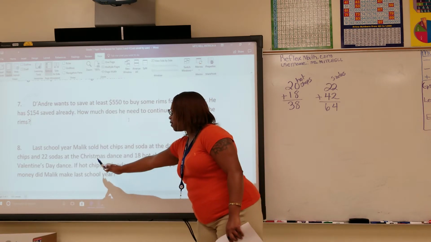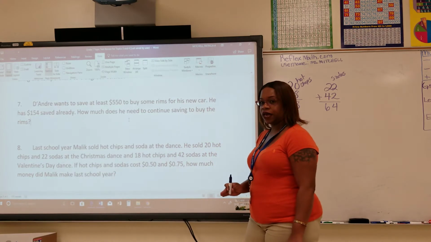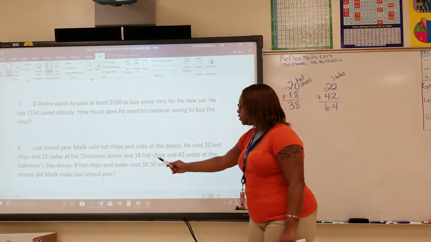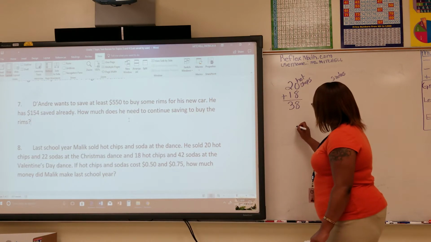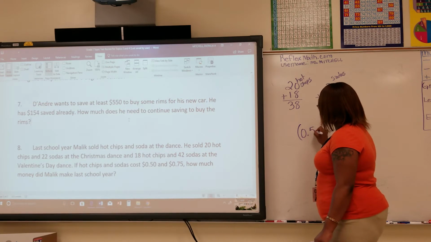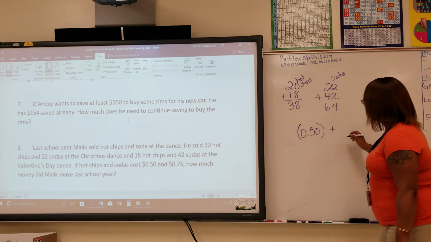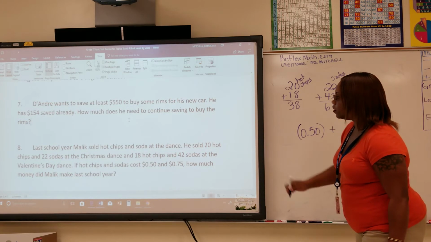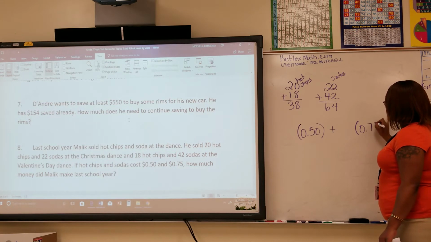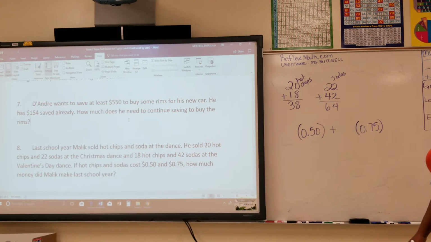You see this? They have it in order. Hot chips and sodas. Okay? So leave it in that amount. Do not switch those around. All right? So hot chips were 50 cents. And then they said that sodas were 75 cents. All right, so that's the amount that it was.